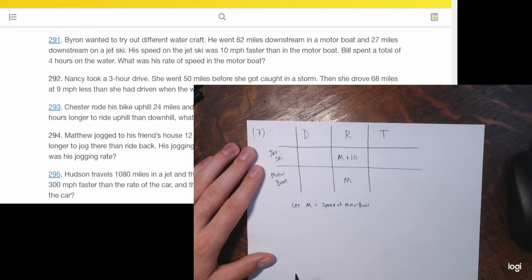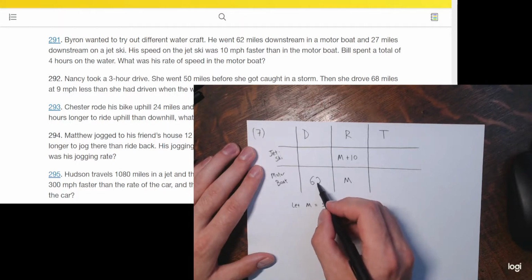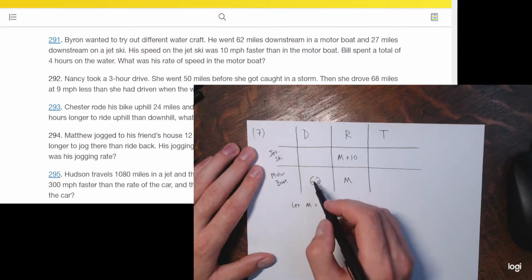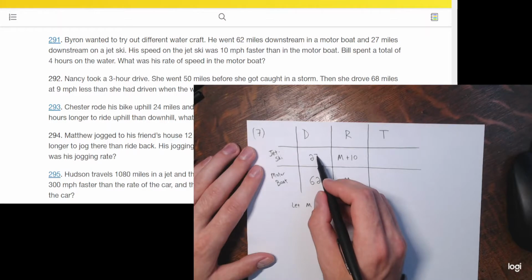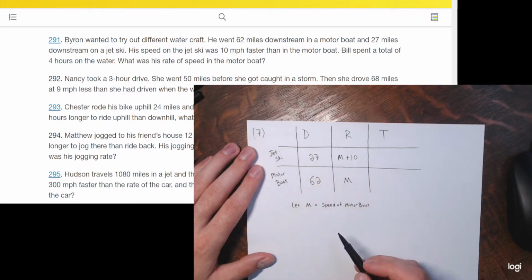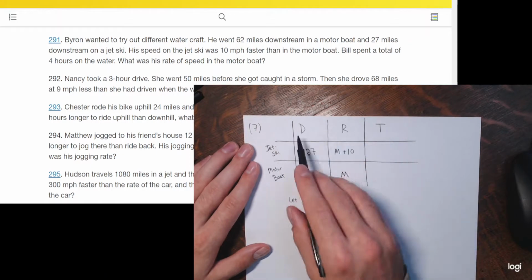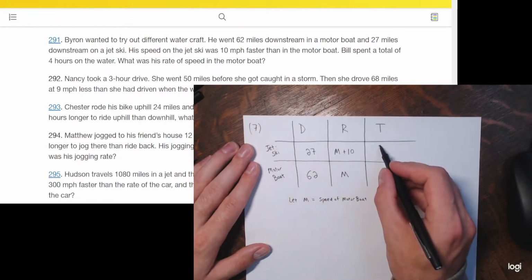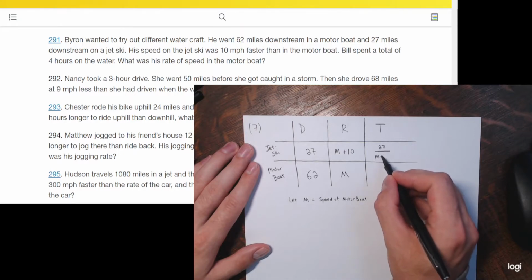Says he went 62 miles in the motorboat. 62 miles in the motorboat distance, and 27 miles in the jet ski. So 27 there. And then once again, we're using the relationship that time is distance divided by rate. So 27 divided by m plus 10.